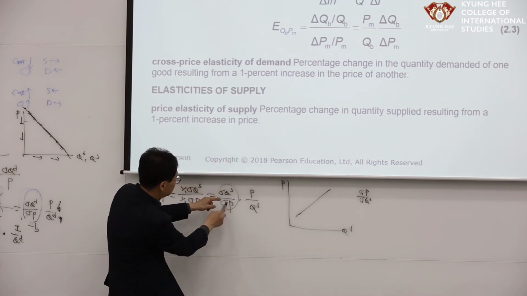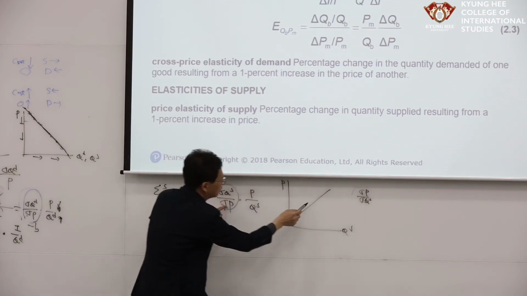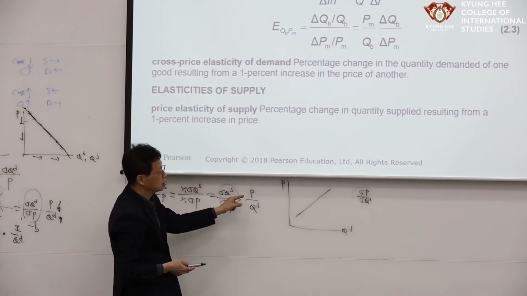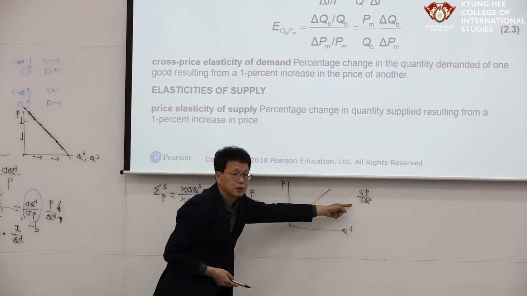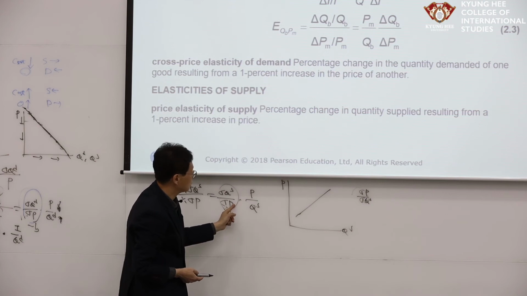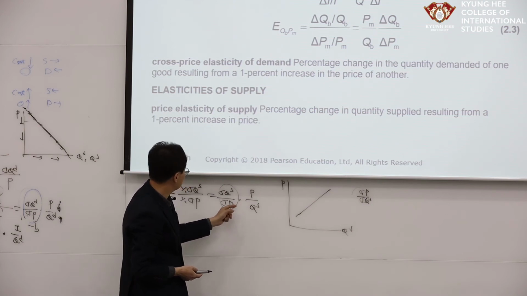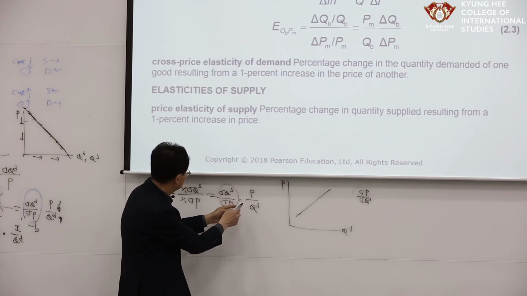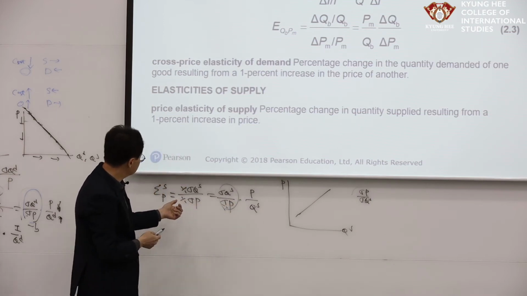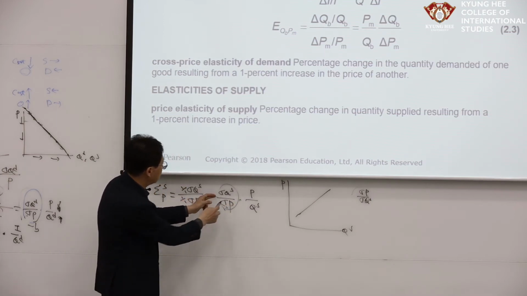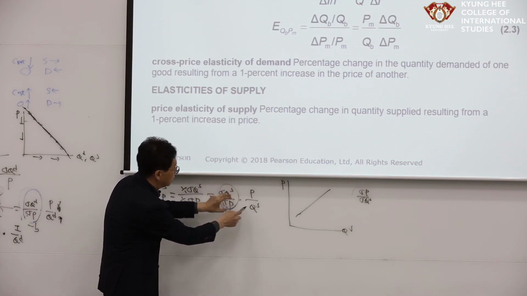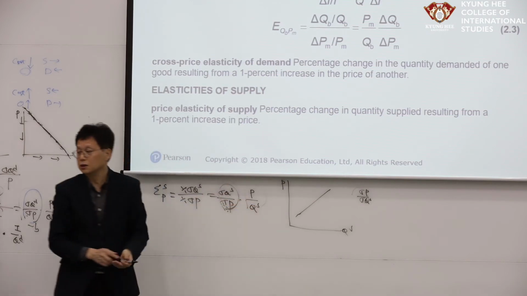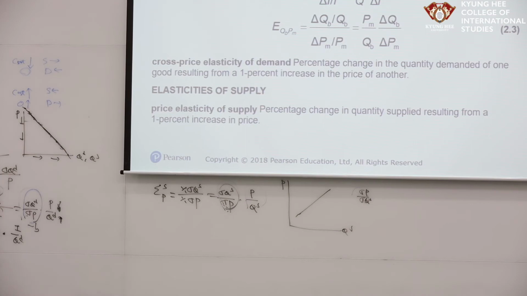And this one is the reciprocal value of the slope of this curve, right? Anyway, the same, constant. So the price elasticity of supply is decided by this one and this one, right? We go back to our slide.